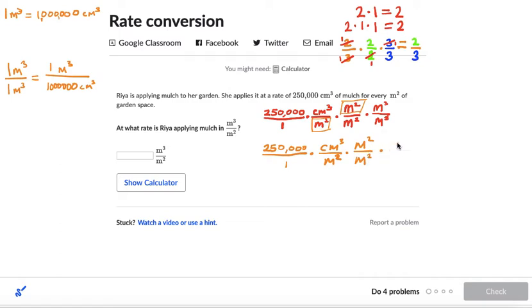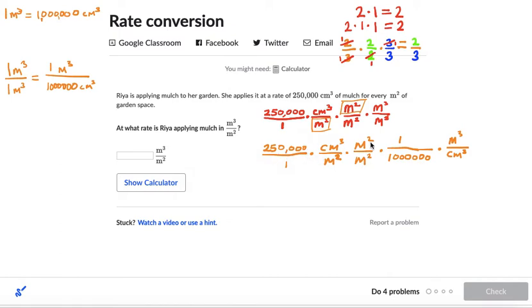And on this last one, we're going to write it as 1 over 1 million times meters cubed. If we look over here, we've got meters cubed over centimeters cubed. Okay, and now we're on the step where I like to say this is where the magic happens. So let's take a look at this.